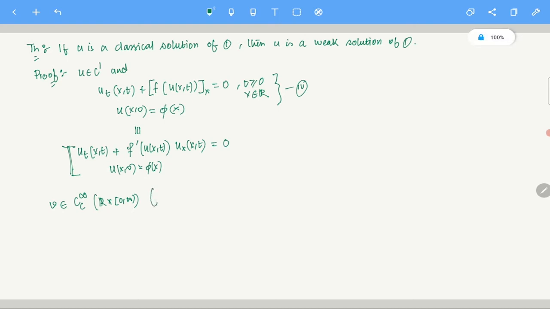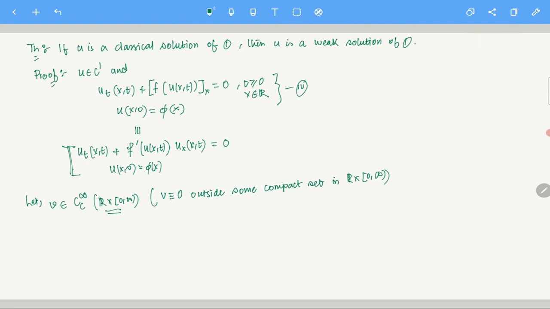It means that v is equal to 0 outside some compact set. And where is this compact set? It is in R cross (0, infinity). Clear? Let's assume it is a smooth function like this.